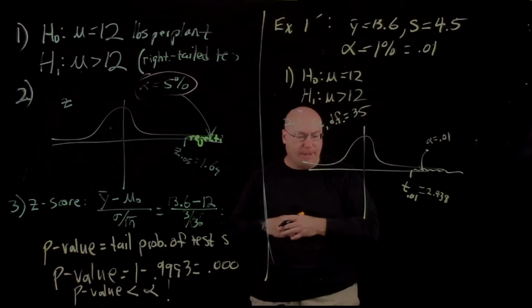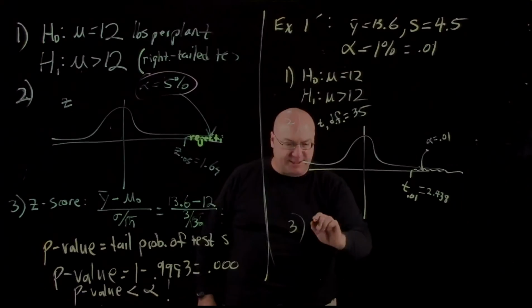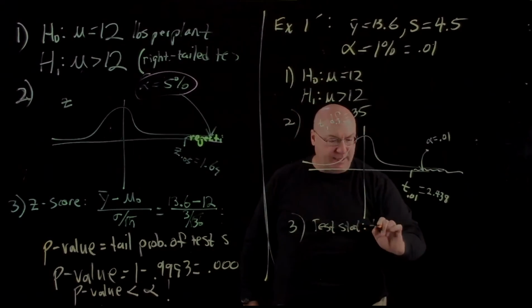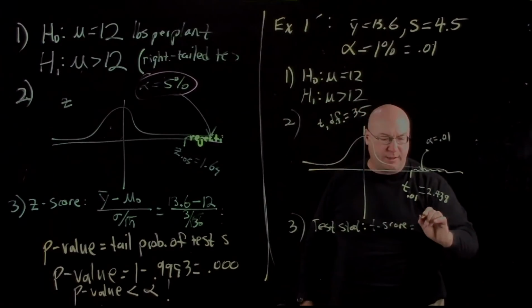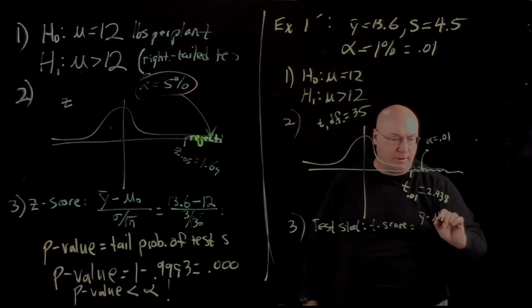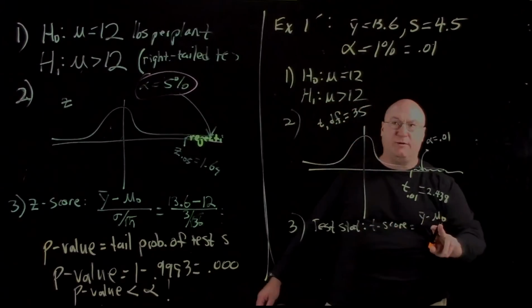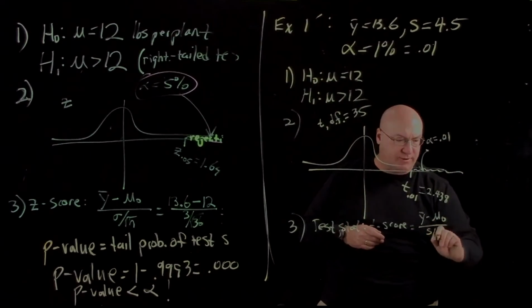Okay. All right, finally, what's the t-score then? Test statistic. And that is the t-score, this time not the z-score. So it will be the value I have for y bar minus mu naught, which is assuming that H naught is still true, divided by, now it's s over the square root of n.